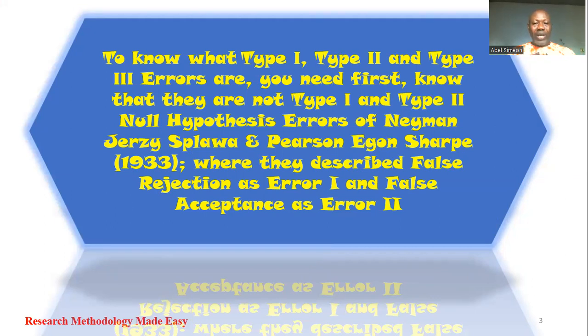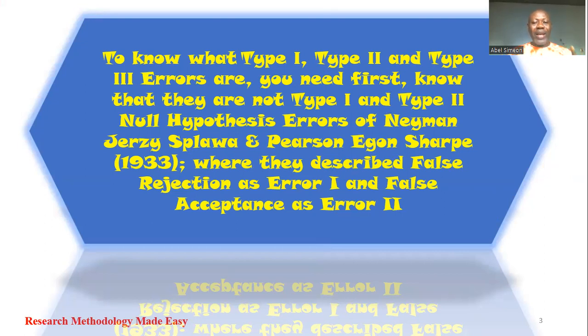To know what I'm talking about, you need to differentiate it. This type 1, type 2, type 3 error has nothing to do directly with the type 1 and type 2 null hypothesis errors of Neyman and Pearson of 1933, which is different.